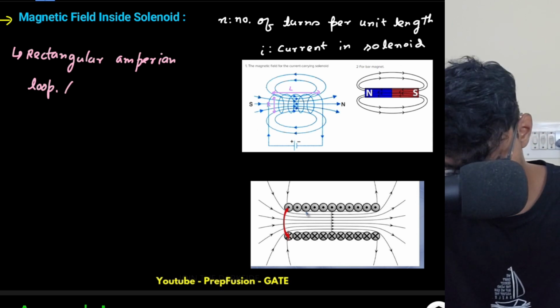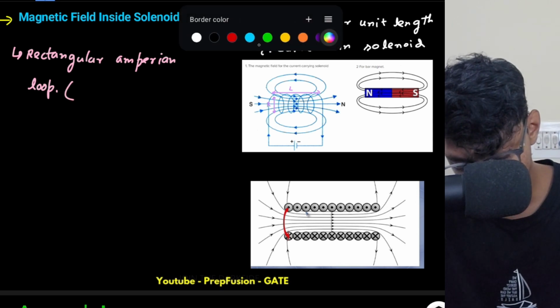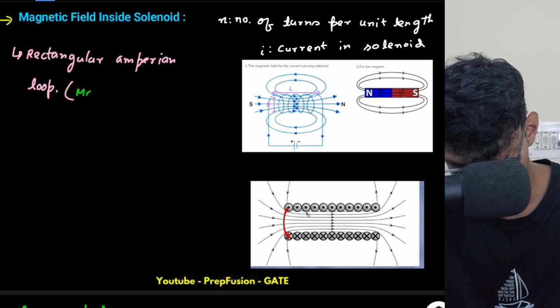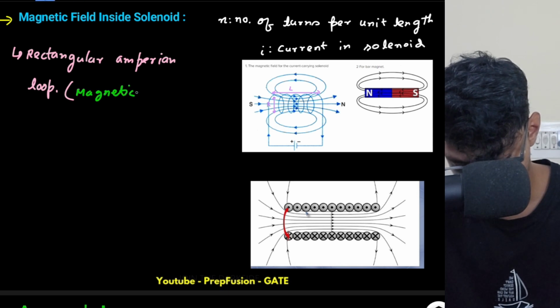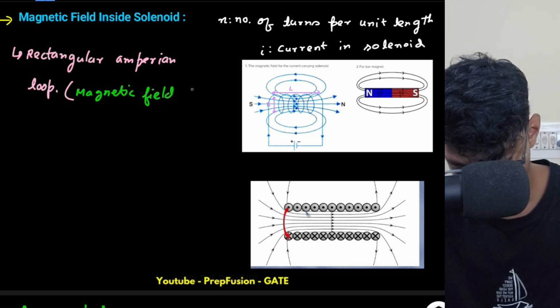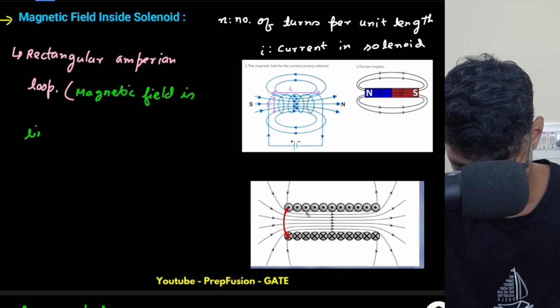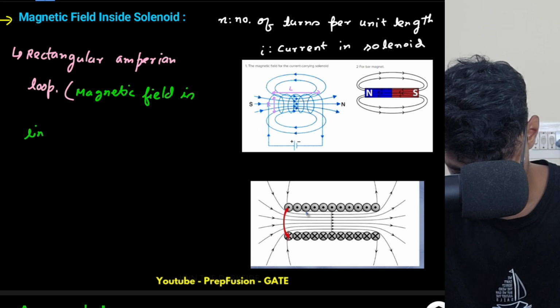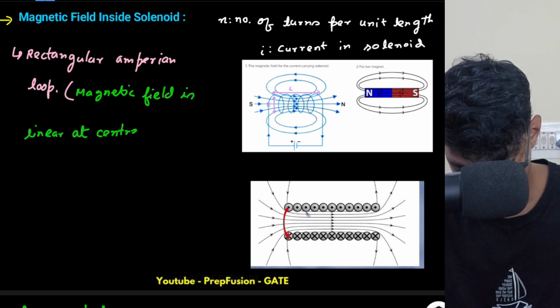Because this time the magnetic field is linear, not circular. The magnetic field is linear at the center.